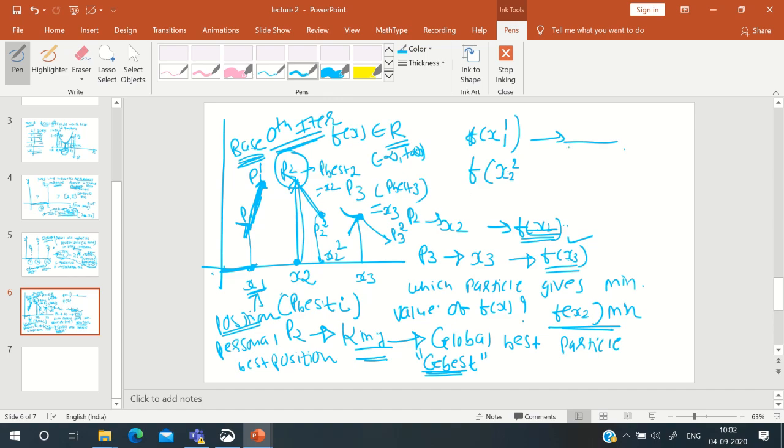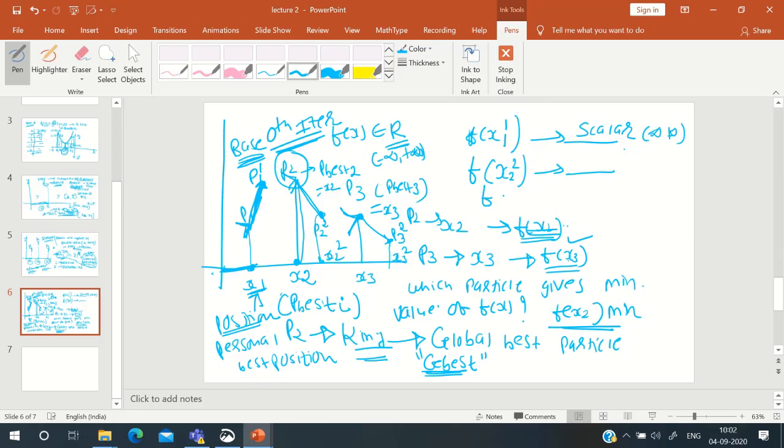This is the x value, and you will obtain some scalar value which lies between minus infinity and plus infinity. Similarly, this is p3 superscript 2, it means this is x3 superscript 2, right?